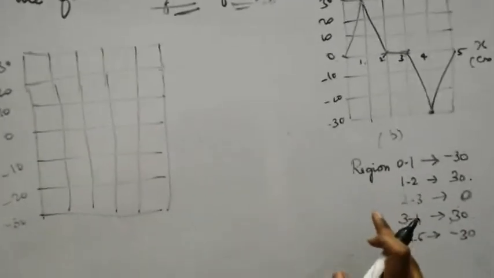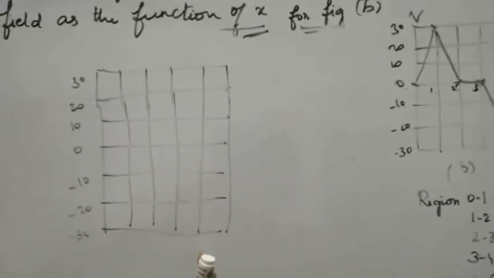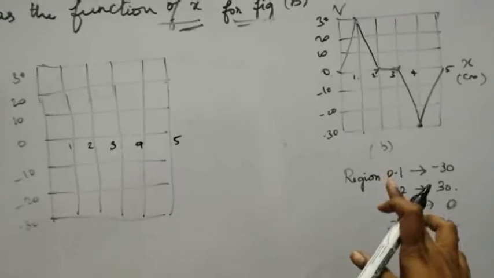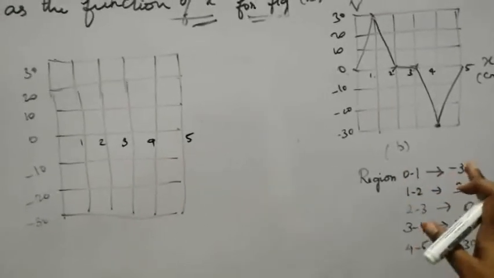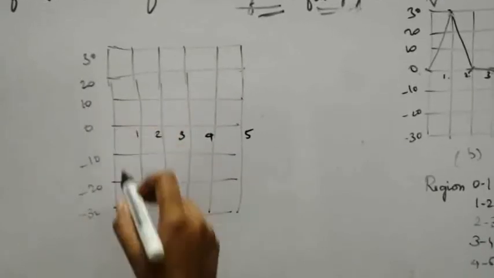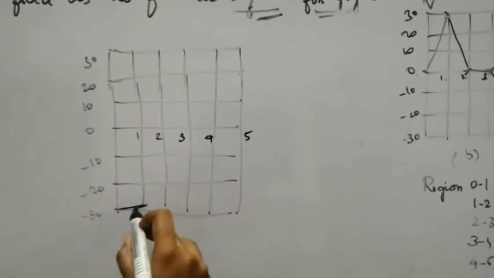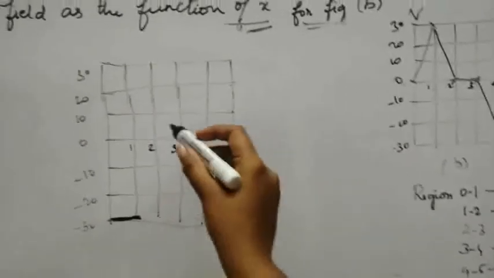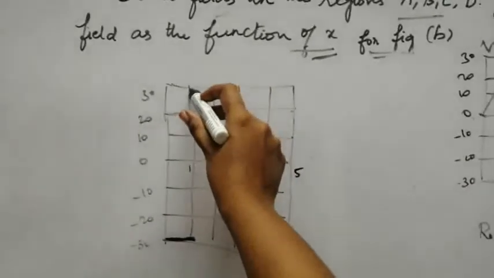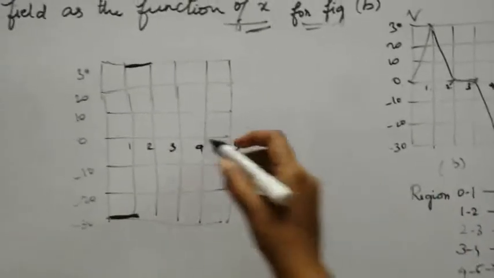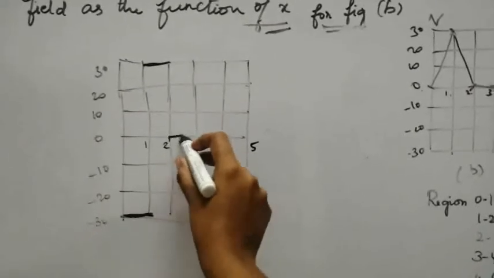So we are going to plot these points in the graph along the x-axis. What are the points? For 0 to 1, the electric field value is minus 30, so it is here. For 1 to 2, it is plus 30. For 2 to 3, it is 0.